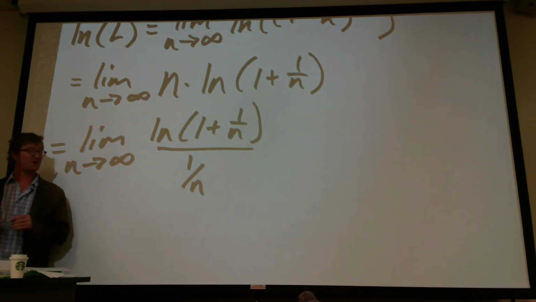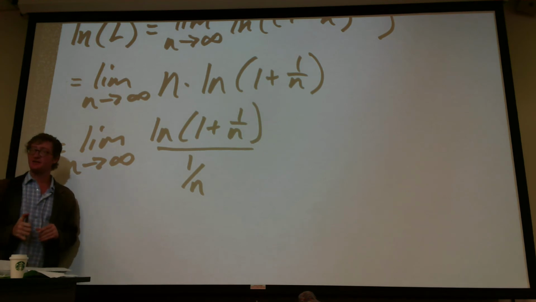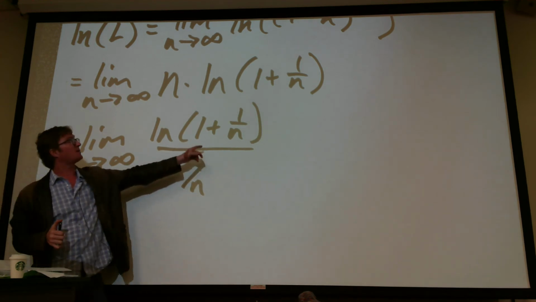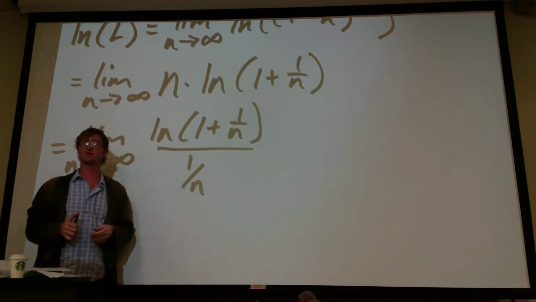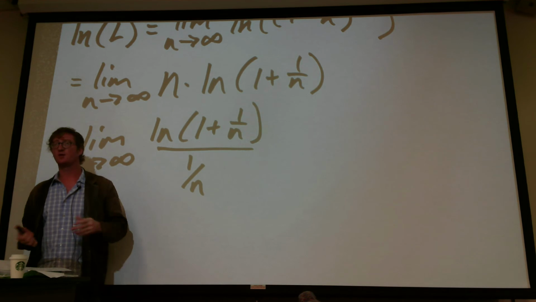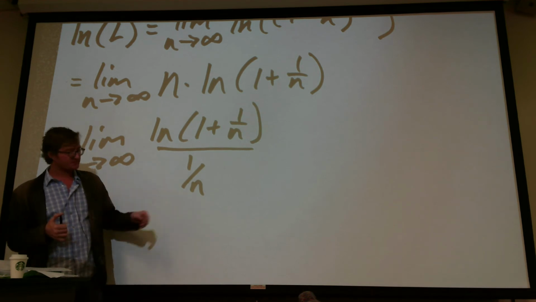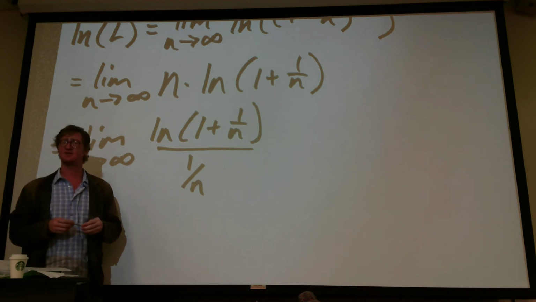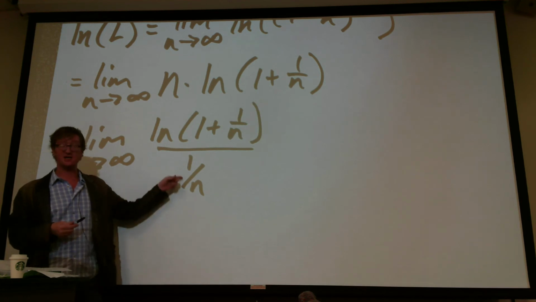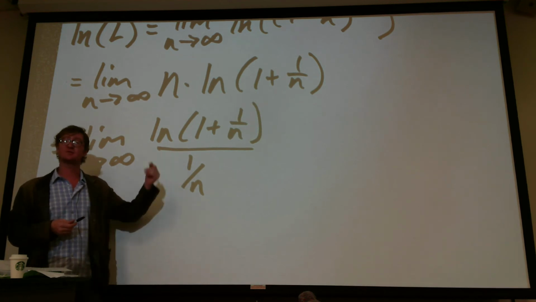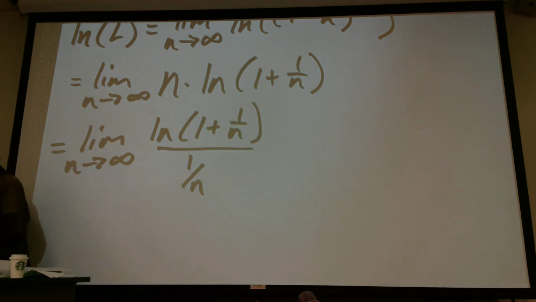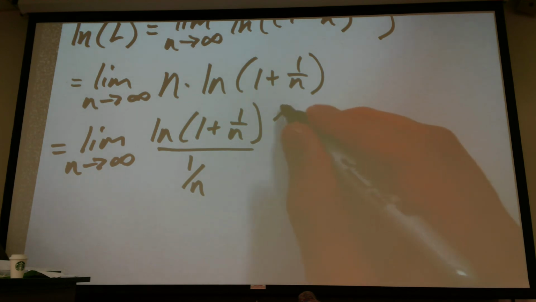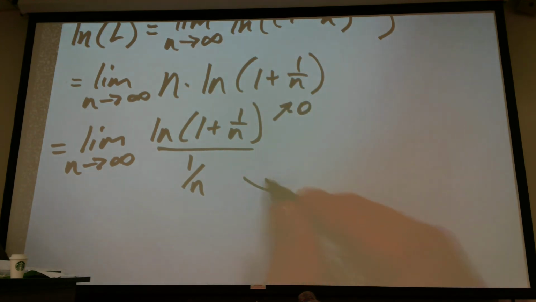So now when I look at this problem, if I send n towards infinity, well, 1 over n is going to go to 0, and so the top looks like the natural log of 1, which is 0. Okay? 1 over n, if I send n to infinity, well, this guy is going to go to 0 as well. So now, since I turn it into a fraction form, I'm going to have 0 divided by 0. So that guy's headed towards 0. That guy's headed towards 0.